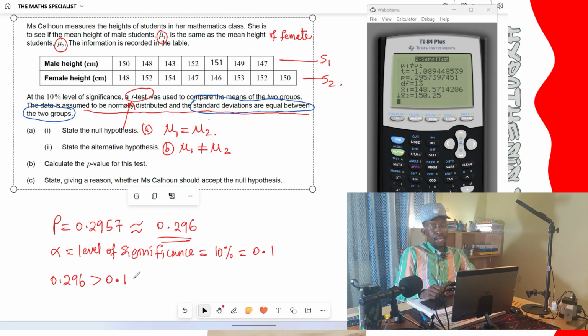So we compare the level of significance and the probability value. Here we see that 0.296 is greater than 0.1. That means the probability value, the p-value, is greater than the level of significance.